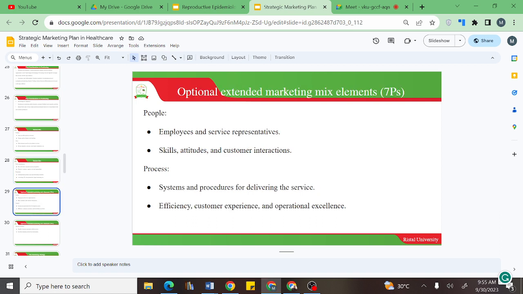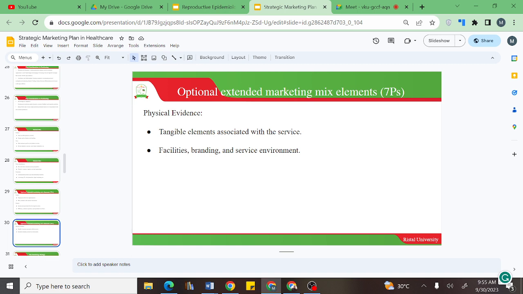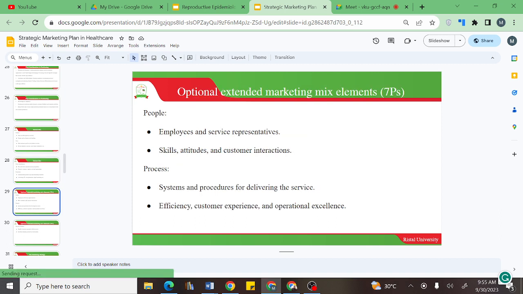We have other P's. So we can have what you call the 7 P's of marketing. With the 7 P's of marketing, you have the first four that we talked about. So we add people, processes, and physical evidence as the other 3 P's. People is about the employees, service representatives, their skills, attitude, and customer interactions. The other P, process, is basically to do with the systems and procedures for delivering the service.